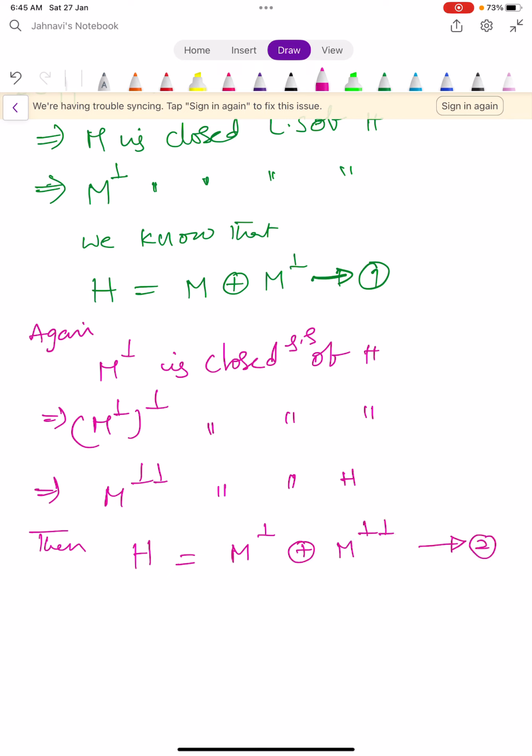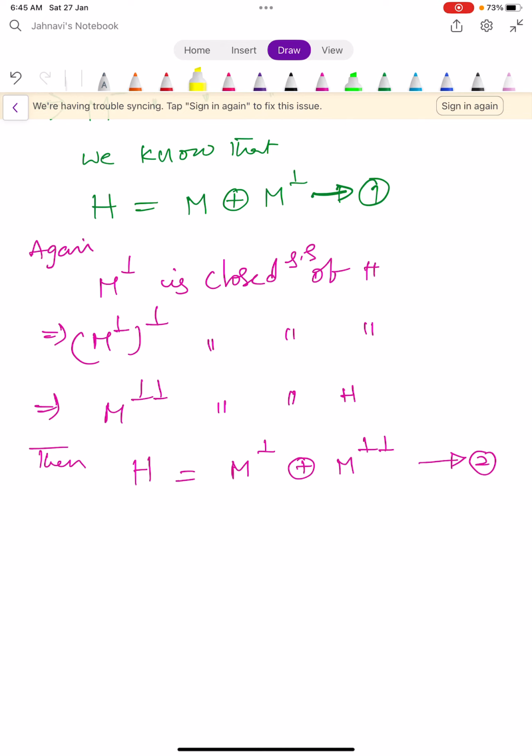Equation number 2. Now combining equations 1 and 2, you see here, in equation 1, H is equal to M perpendicular direct sum M. Here, M perpendicular direct sum M double perpendicular.